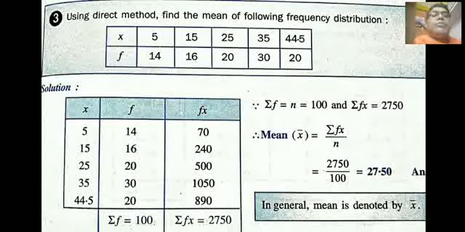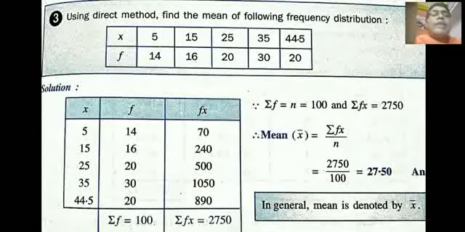So you will get 14 into 5, 70, 16 into 15, 240, 20 into 25, 500, 30 into 35, 1050, and 44.5 into 20, 890. After that, as you know, the formula is mean equal to sigma fx by sigma f.